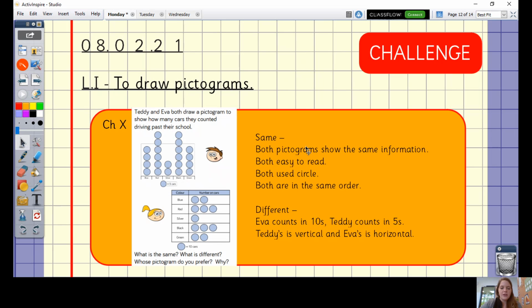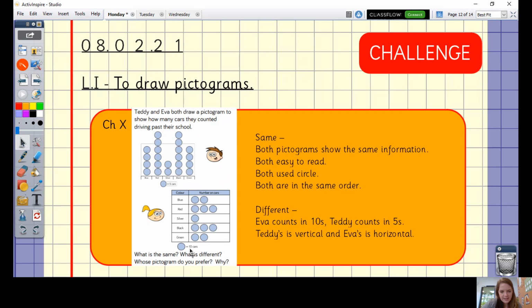Okay, so the same. Both pictograms show the same information. Both pictograms are easy to read. Both have used the circle as their symbol, and both of them are in the same order. So we have blue, red, silver, black, and green, both in the same order. Things that are different. Eva is counting in tens.